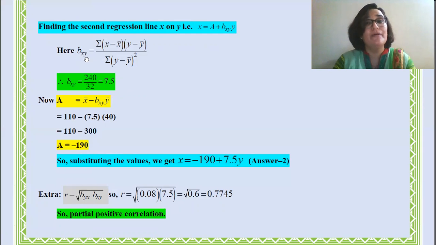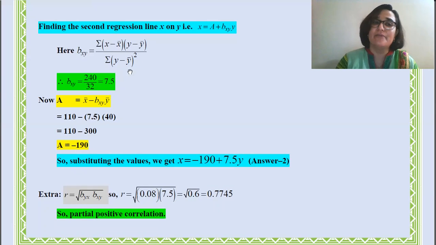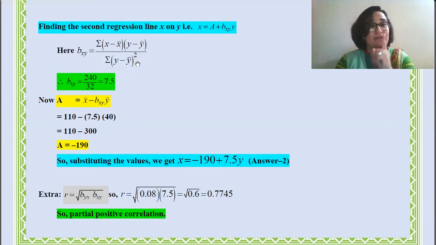That is why the numerator is the same, but the denominator now considers only variable y. Please remember this. Why? Because y is your independent variable. That is why only y calculations will come here.